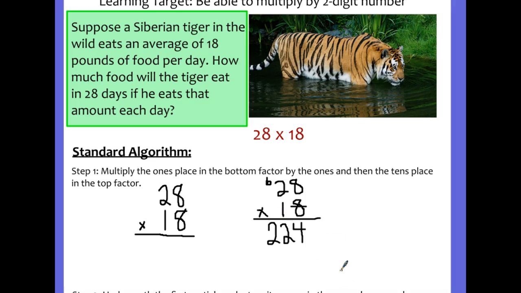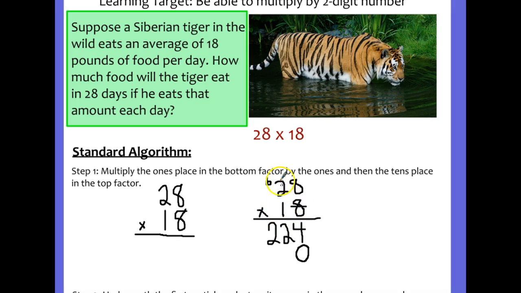Now, this is very, very important. You are now going to put a placeholder 0 in the ones place. Okay? Now the reason I do that is because we're actually now multiplying tens by these two digits. Okay? So I'm always going to start here at the tens, or I'm going to go to the tens place.